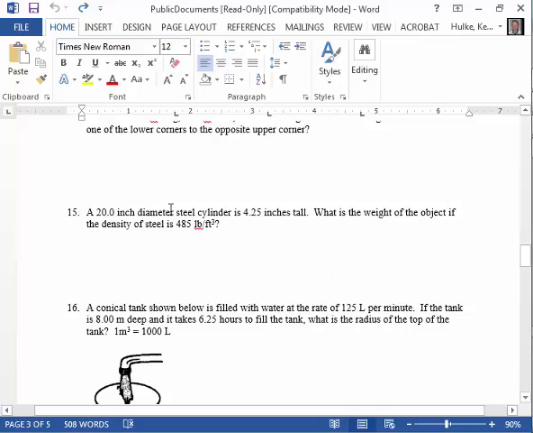A 20-inch diameter steel cylinder is 4.25 inches tall. What is the weight of the object if the density is 485 pounds per cubic foot?